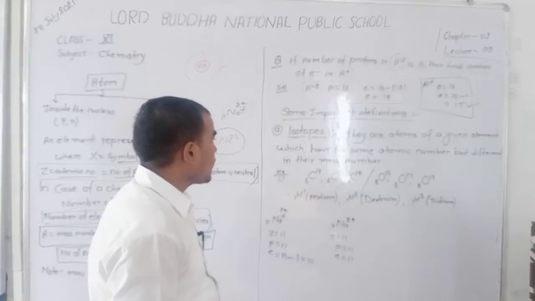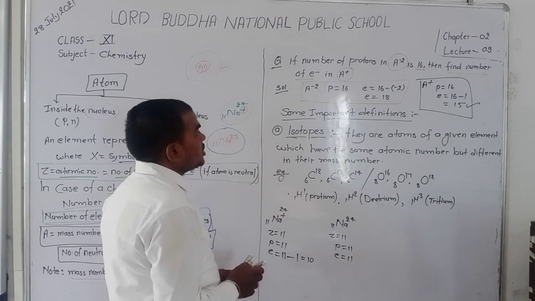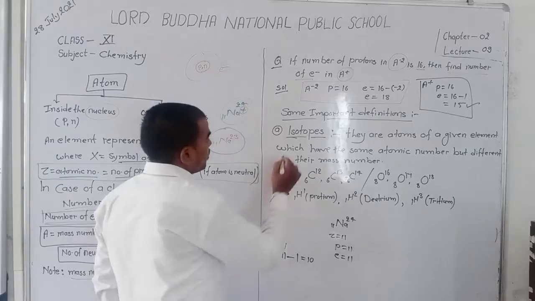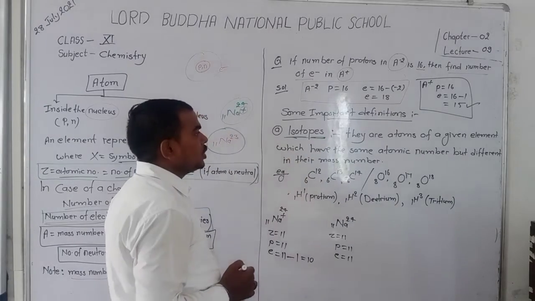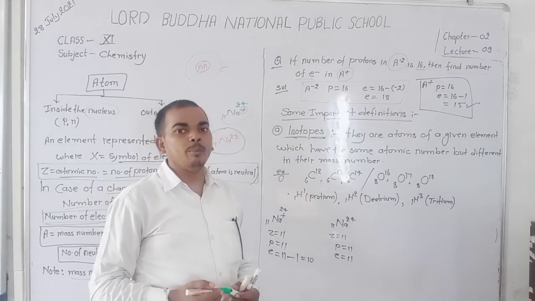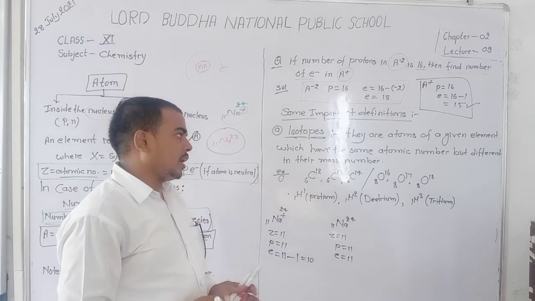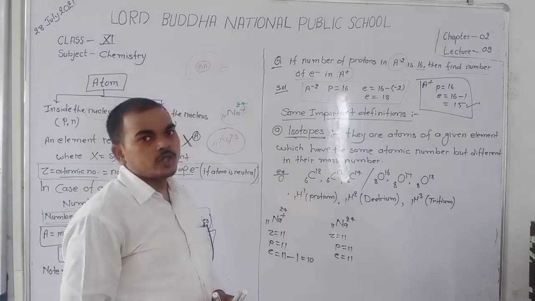Okay student, let's now discuss some important definitions. The first definition is isotopes. What are isotopes? You studied about isotopes in the previous classes, in class 9. Again we discuss isotopes.